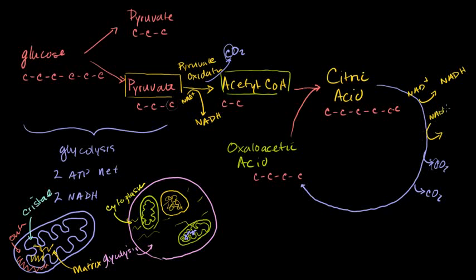Another NAD plus molecule will be reduced to NADH. Maybe we'll produce some ATP, some ADP will turn to ATP. Maybe we have some, and not maybe, this is what happens. Some FAD gets, let me write it this way. Some FAD gets reduced into FADH2.